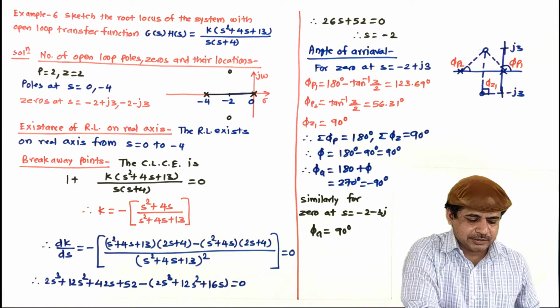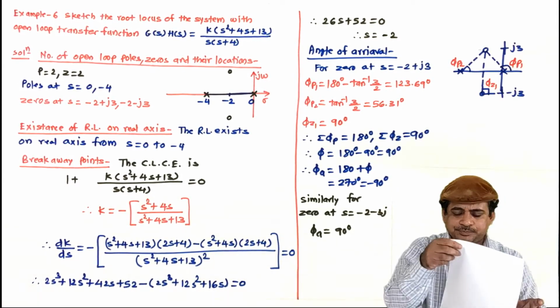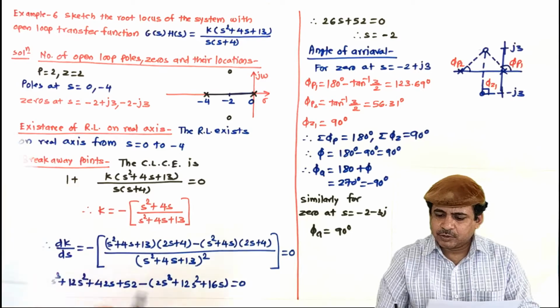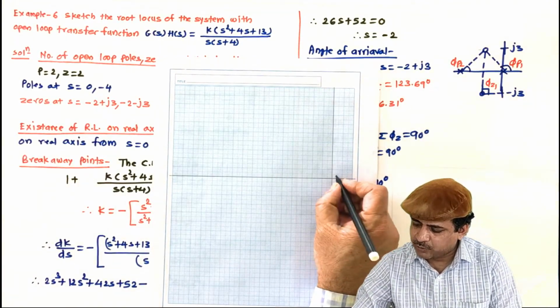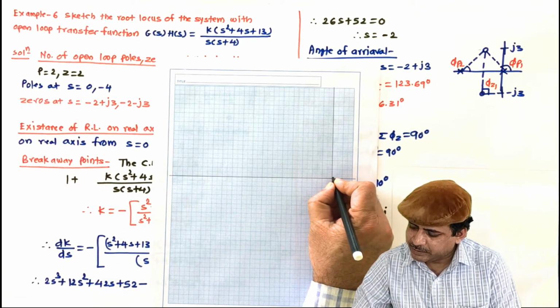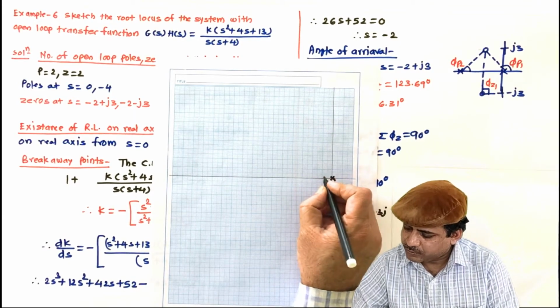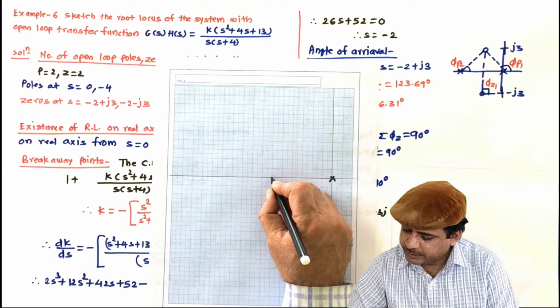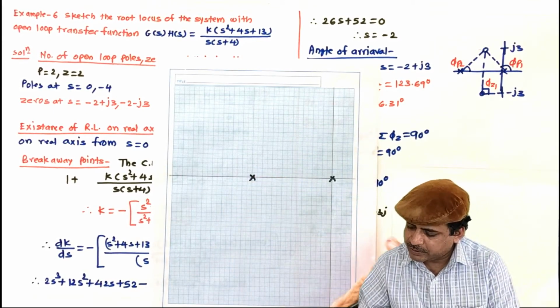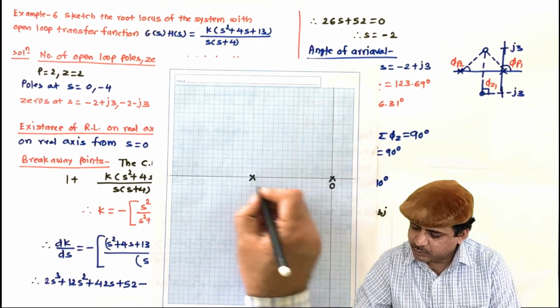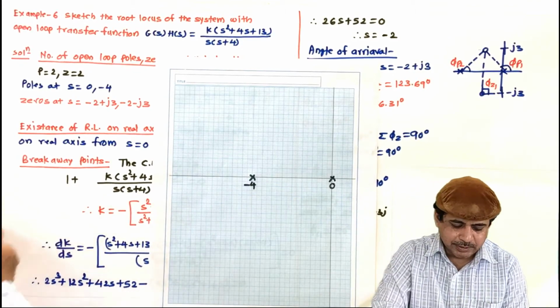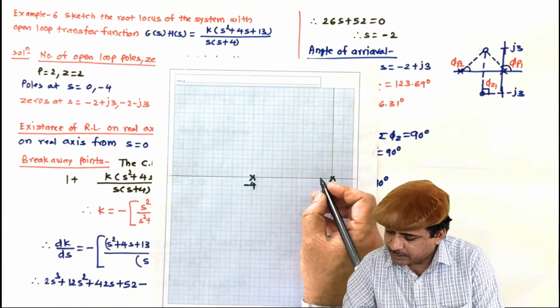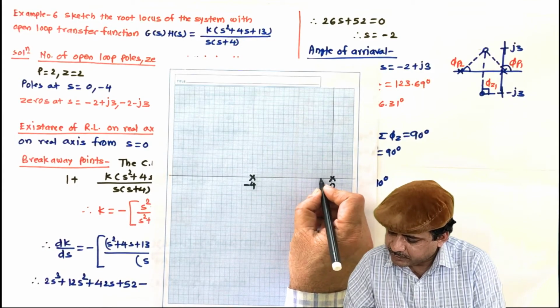So let us sketch it on a graph paper. So first let us mark the poles. So one is here at say 0, then 1, 2, 3, 4. Second one is at minus 4, and minus 2 will be somewhere here. 1, 2.